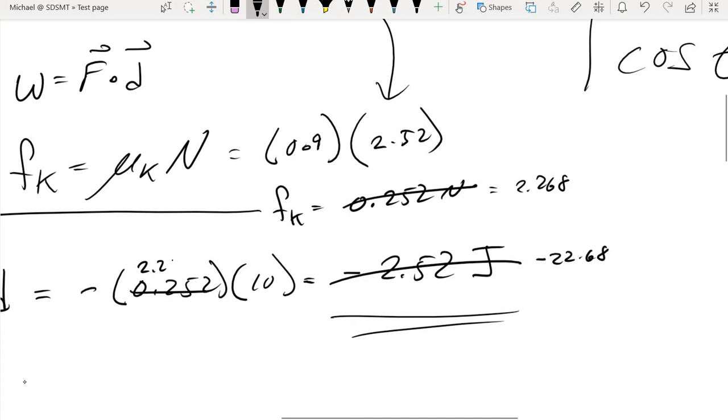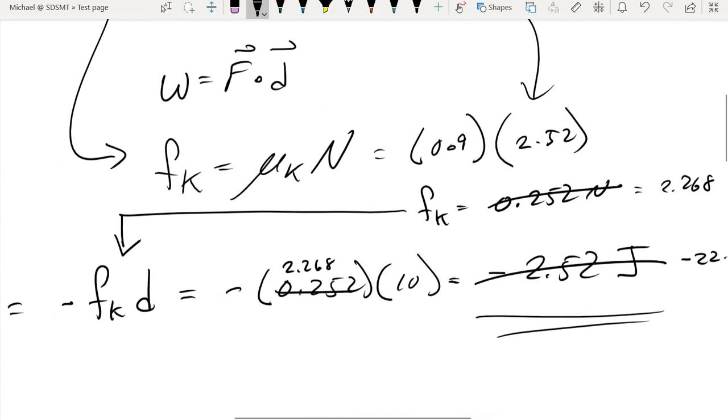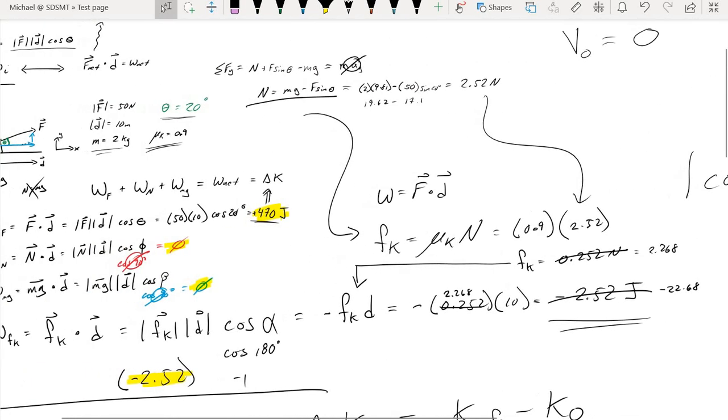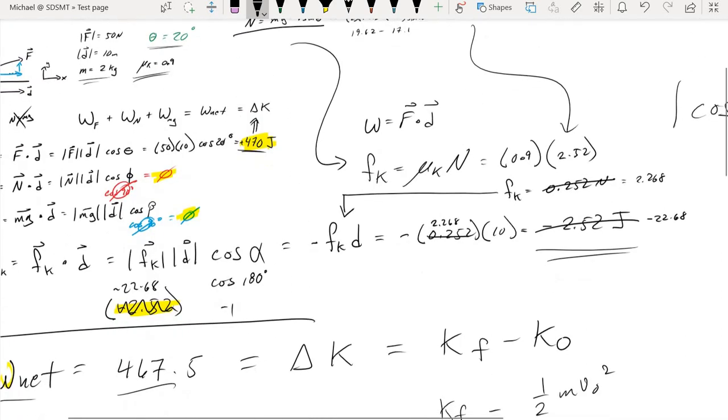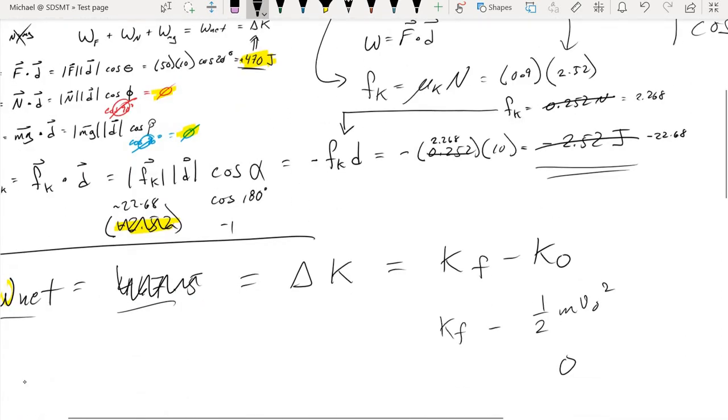This would be 2.268 now, and then that would make this a negative 22.68. So I'm just following along by changing the values. 22.68 for the friction force.